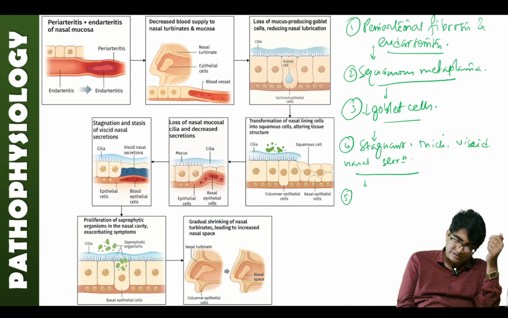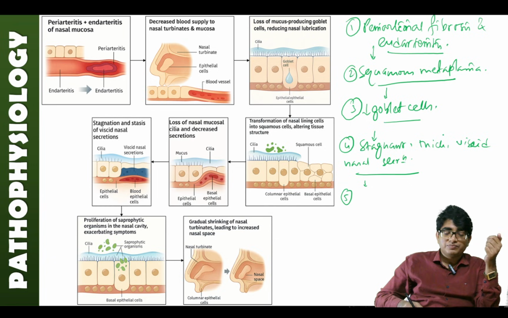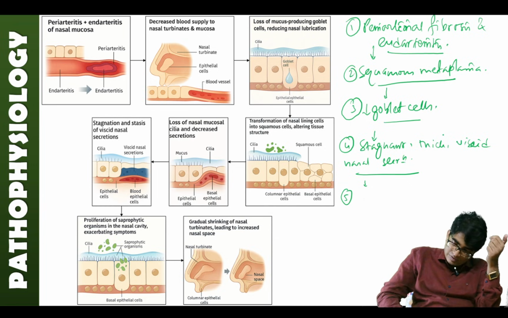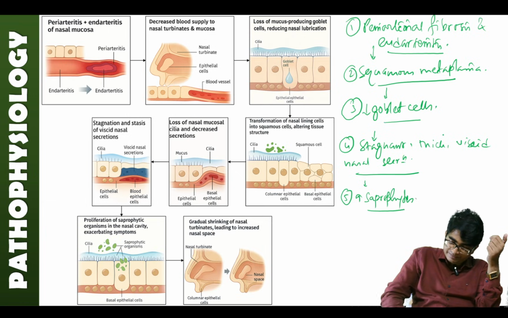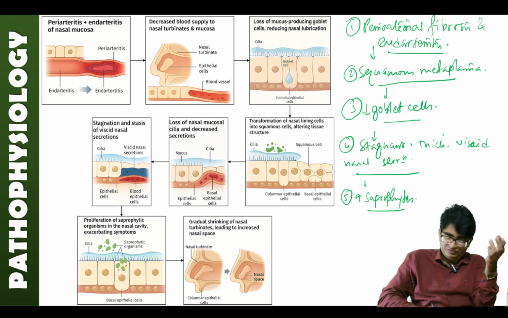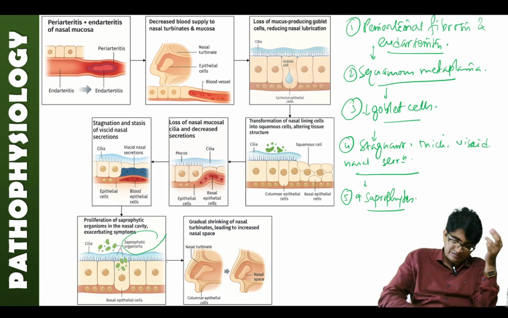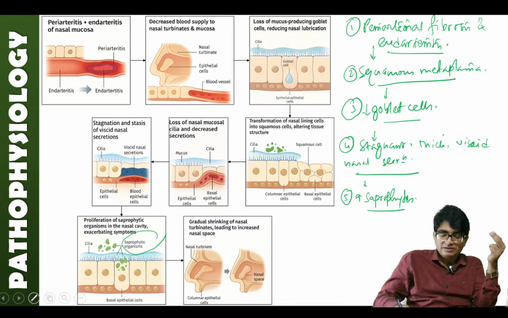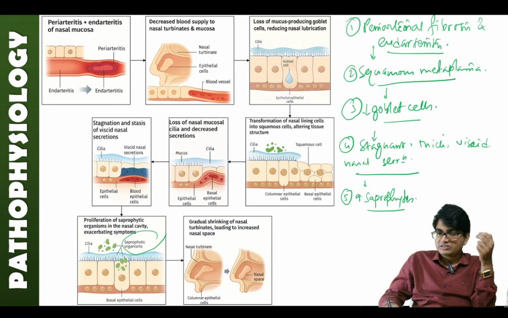This will in turn lead to increased growth of saprophytic organisms, and that will lead to nothing but atrophic rhinitis. So saprophytic organisms, correct? Okay, so there is atrophic rhinitis, and there is atrophy of the turbinates.